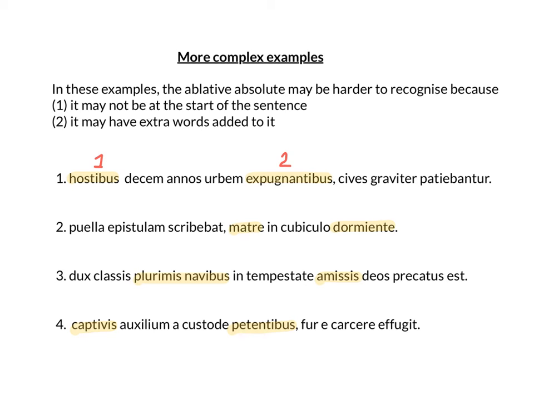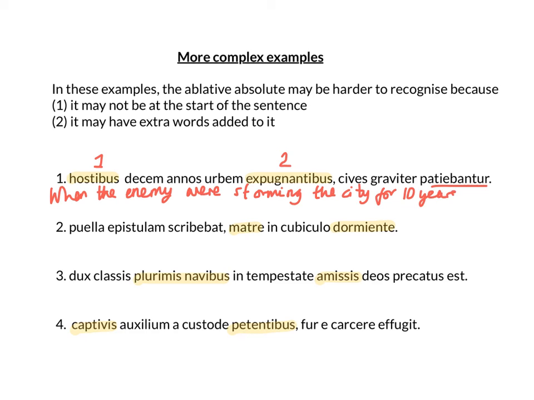The first one is when the enemy, just having a quick look ahead to find that the main verb is past, so I'm going to say were storming. If the main verb had been present, I'd say when the enemy are storming. Storming means attacking the city for 10 years.